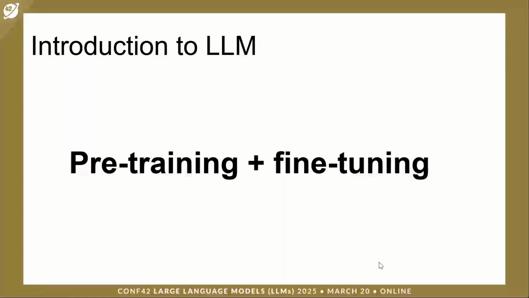This way it learns a general representation of the language. In the fine-tuning stage, after pre-training, the model is fine-tuned with specific data and labels for particular tasks, such as text classification, question answering, or generating coherent text in specific contexts.